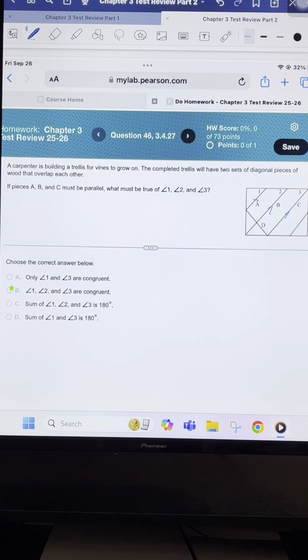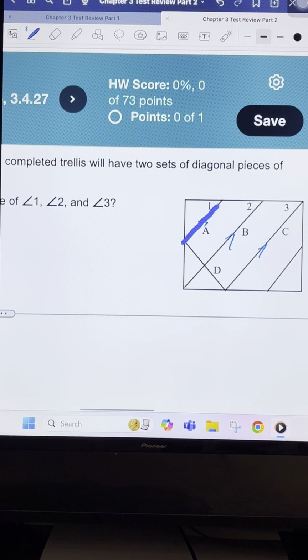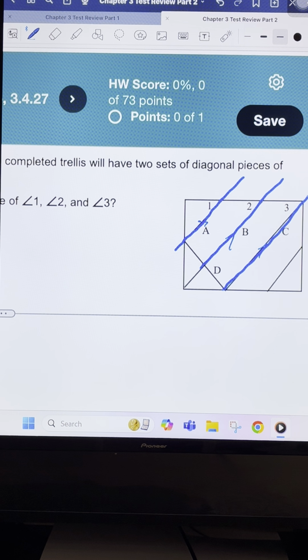If lines A, B, C must be parallel, so that means that this is parallel, and this is parallel. If all of these are parallel, what must be true of angles 1, 2, and 3? Well, if I were to extend this line, this A here, and this B here, and this C here, what do I know?